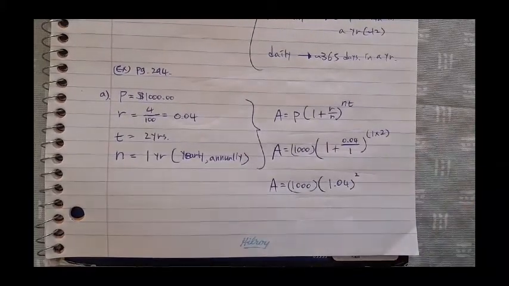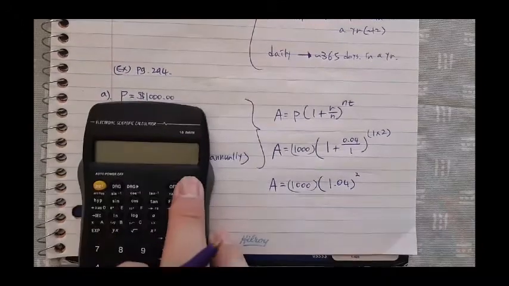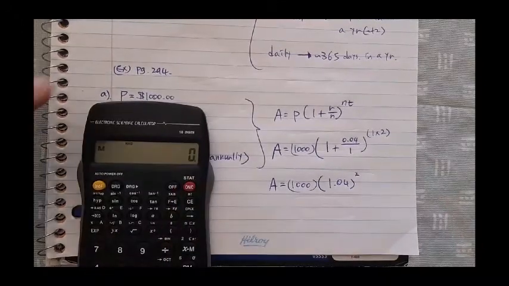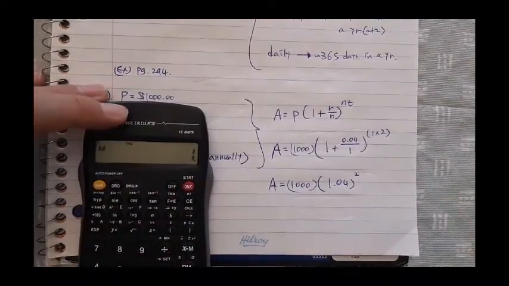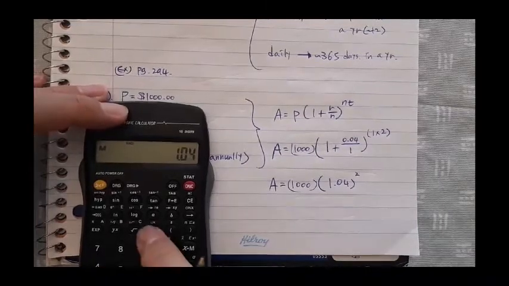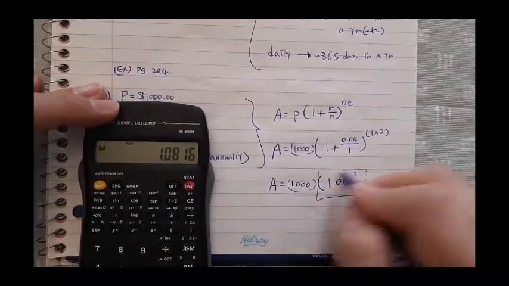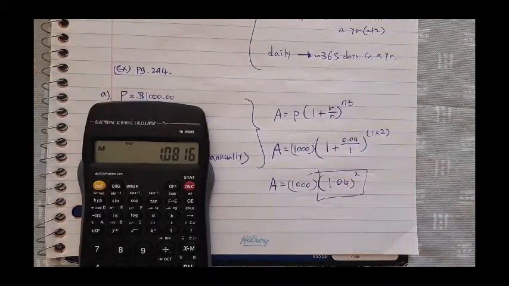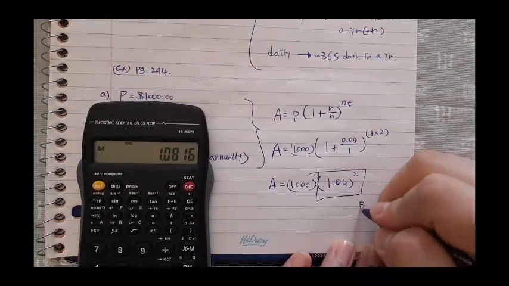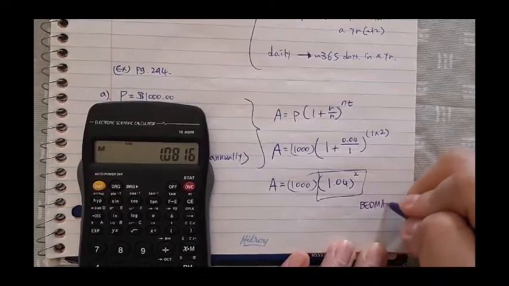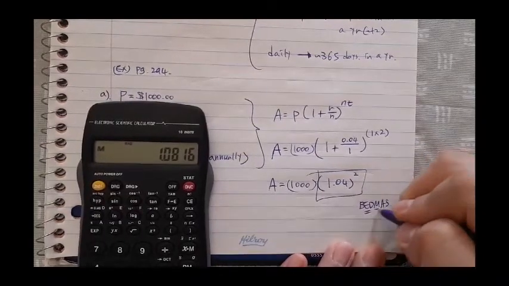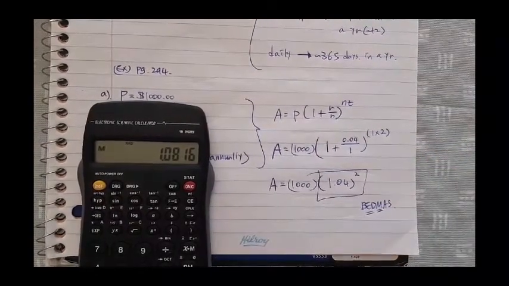So now, take out your calculator. We're going to punch the number in. 1.04 to the power of 2. That gave me that. And I did this one first because of BEDMAS, if you guys remember. Exponent, you need to do before multiplication, right?